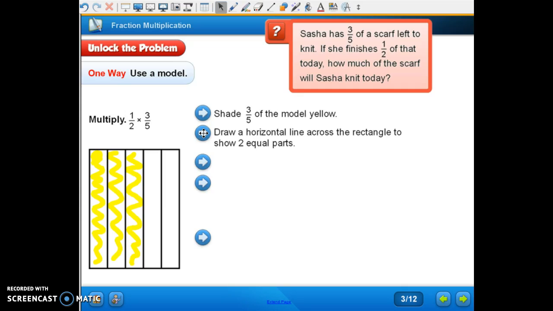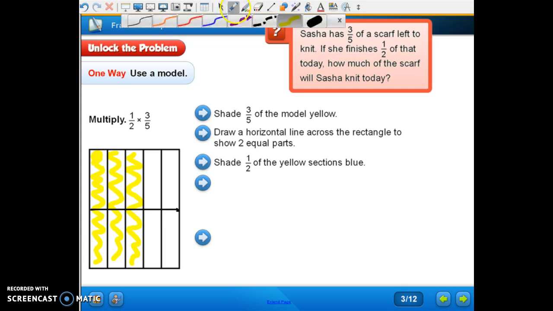Draw a horizontal line across the rectangle to show two equal parts. Shade 1/2 of the yellow sections blue.